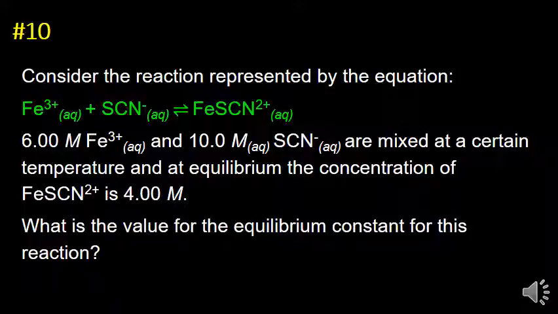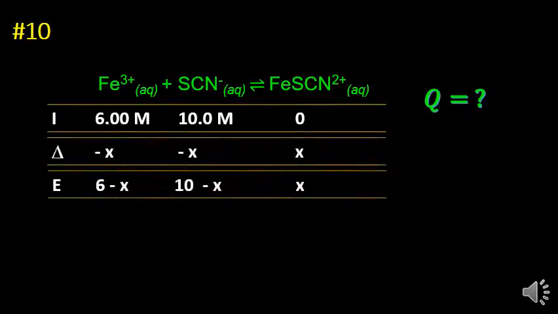Now take a look at this original problem. At equilibrium, the concentration of this ion is 4. Do you see that? Yes. All right, let's go back to this. So, if the concentration of this ion at equilibrium is 4, doesn't this become 4?